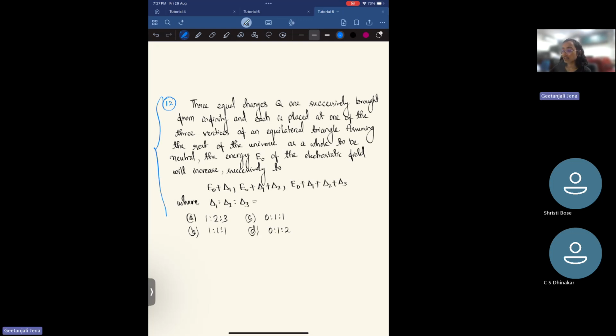So the question is asking, there are three equal charges Q successively brought from infinity, and each is placed at one of the three vertices of an equilateral triangle.